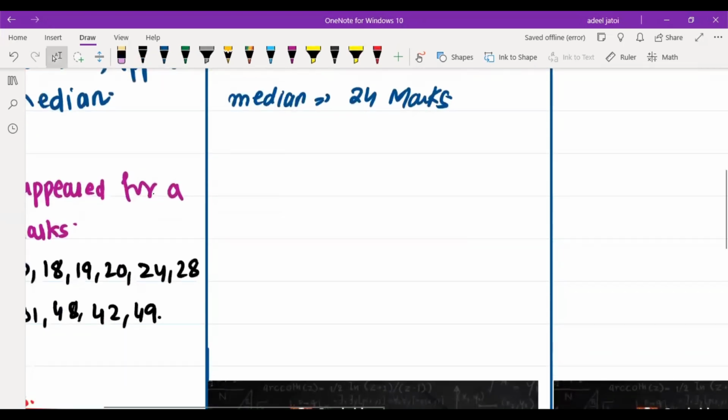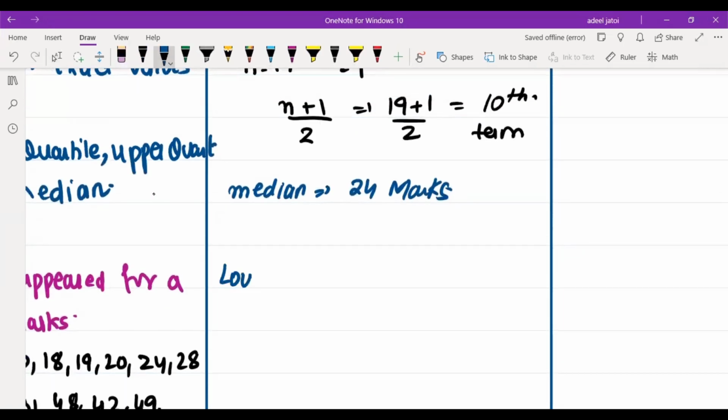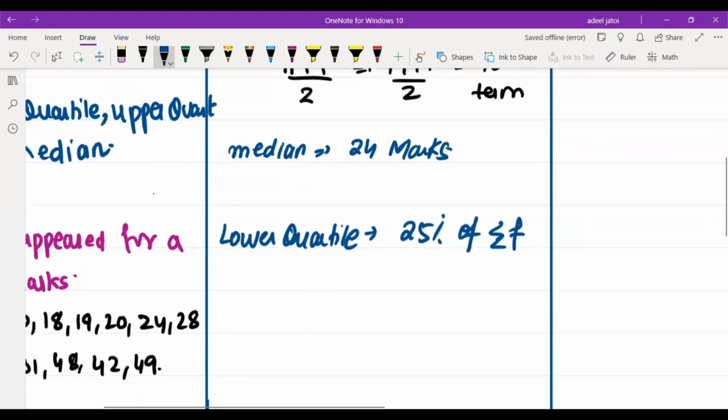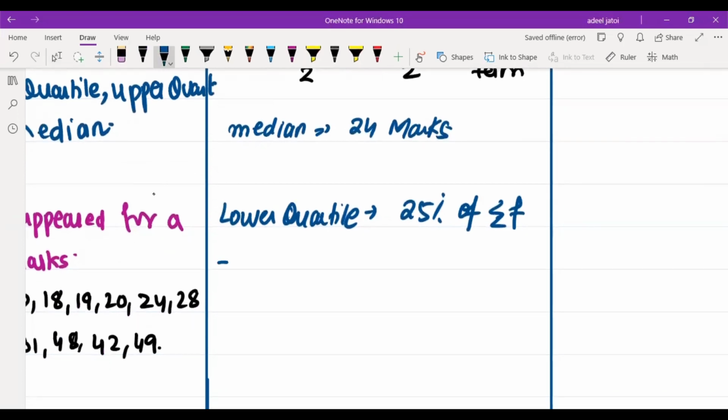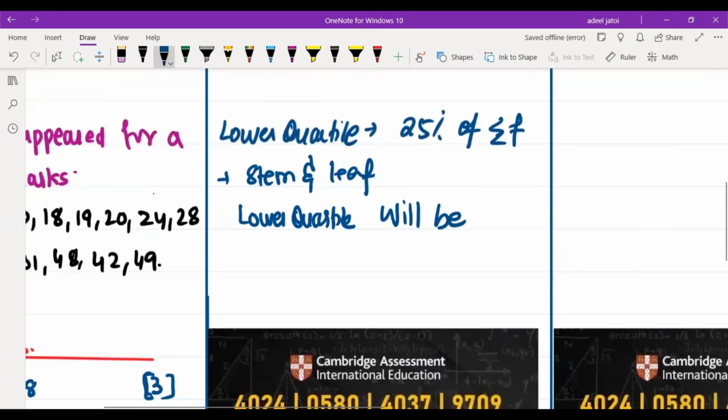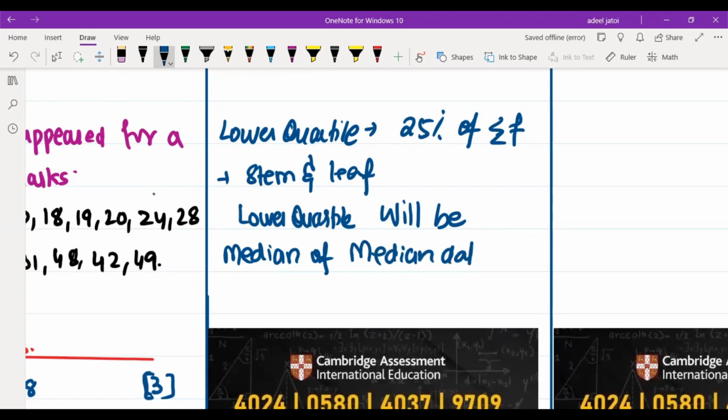Now, the other thing is the lower quartile. Normally, your lower quartile is 25% of data. But in this case, in stem and leaf, your lower quartile will be the median of the data before the median.